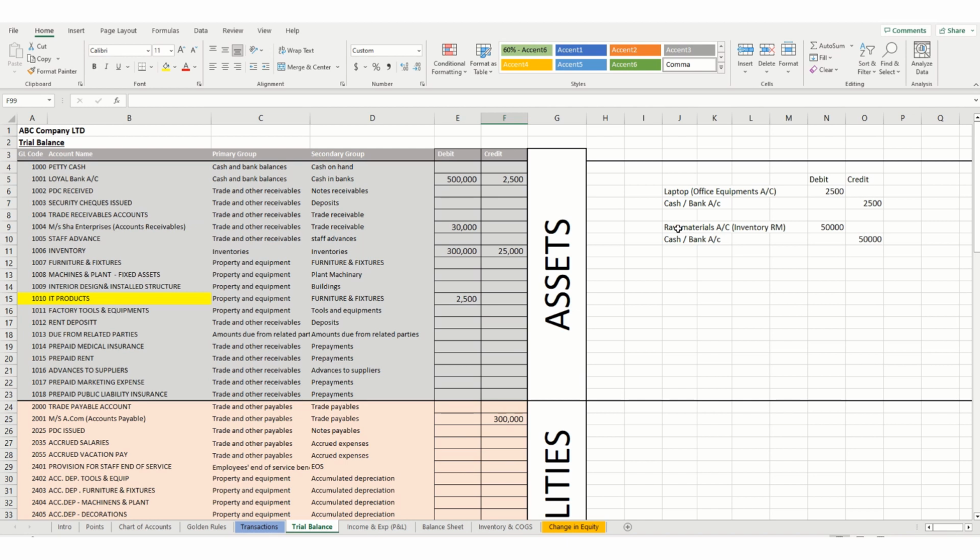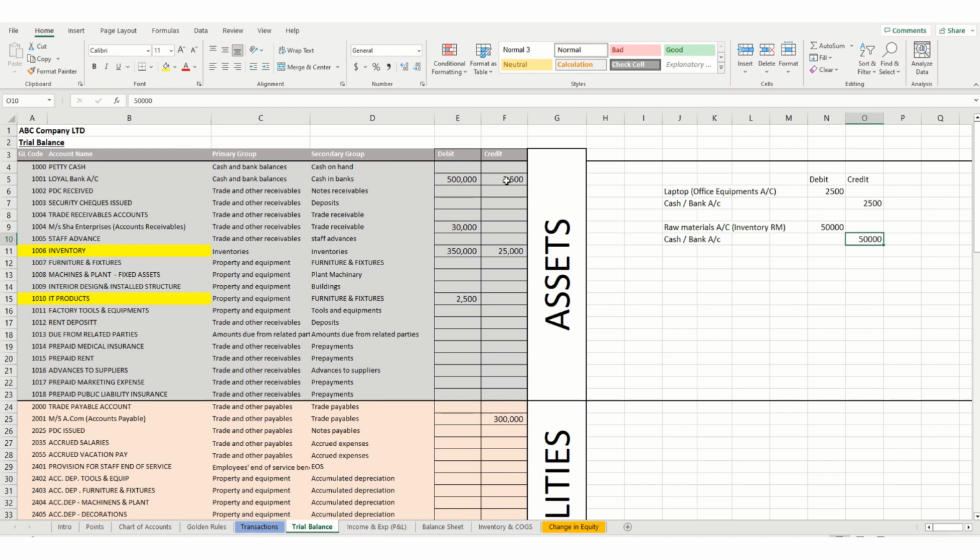So inventory, raw materials inventory. Where is inventory? We need to check the inventory. Here is the inventory account. What happened to inventory is that inventory is debited. So this is the debit column. You just debit the inventory and credited what? Cash.